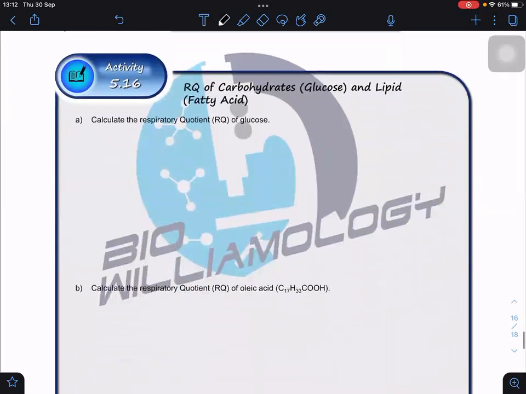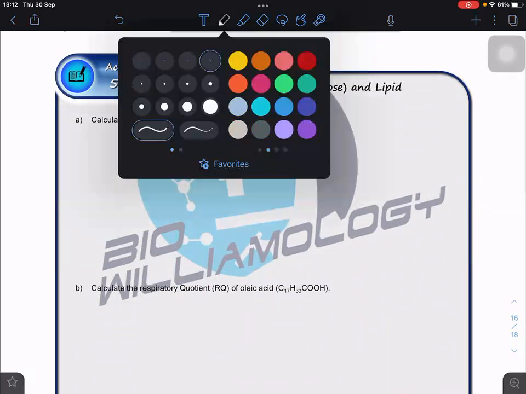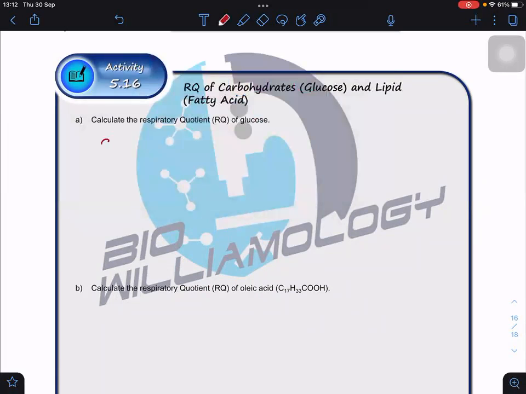Let me show you first how to answer this question because it's very common. C6H12O6 plus 6O2 gives 6CO2 plus 6H2O plus ATP, but here I remove the ATP. So balance the equation in this case.